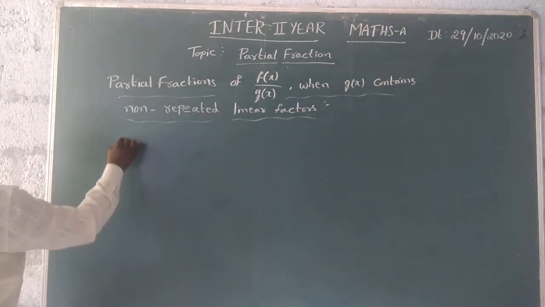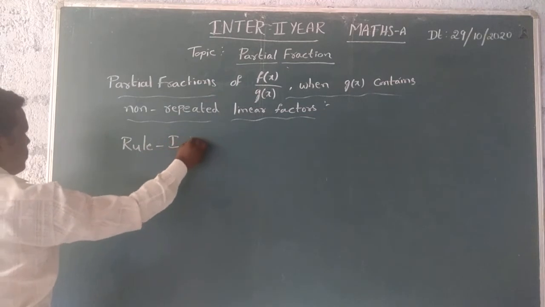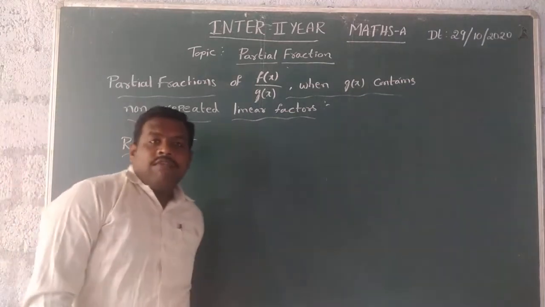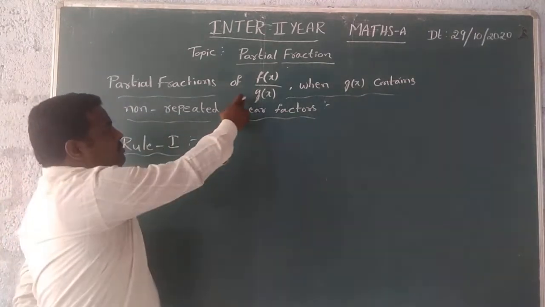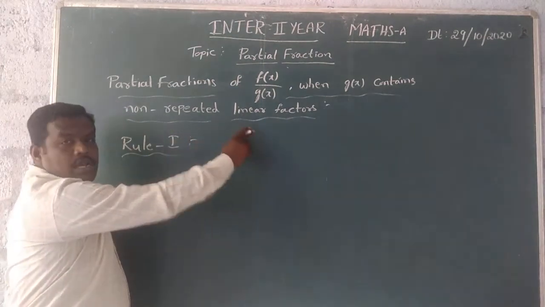So rule 1. Partial fractions of a fraction when g of x contains a non-repeated linear factor.